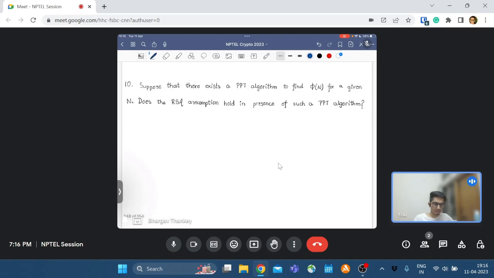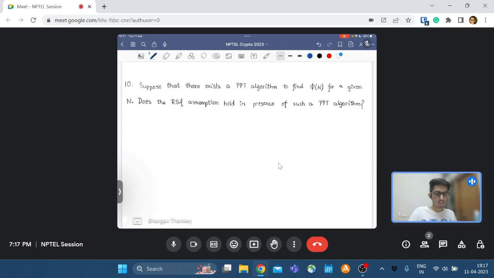So the problem is, suppose that there exists a PPT algorithm to find phi(n), that is the Euler totient function of n, for a given value of n. Does the RSA assumption also hold in the presence of this PPT algorithm? So recall that the RSA assumption is the following.